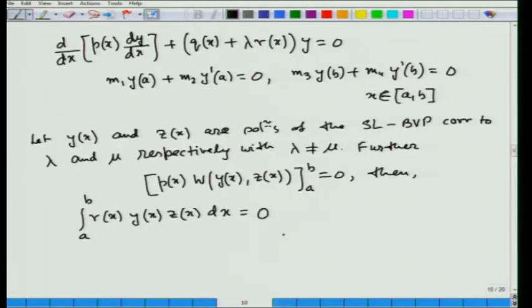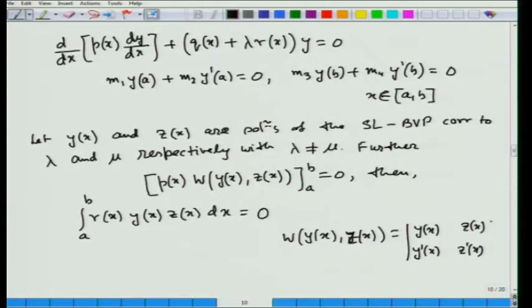And here, just for your quick reference, the Wronskian of y x and z x is nothing but the determinant with rows y x, z x and y dash x, z dash x. So, for lambda y is the solution, for mu z x is the solution.